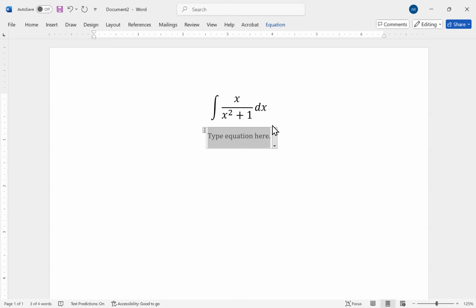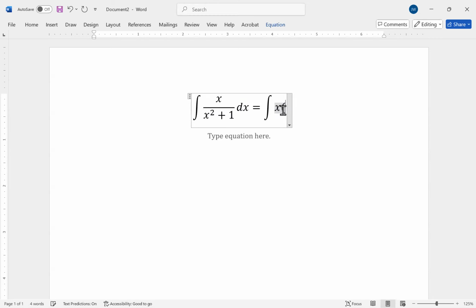If you want to try this on your own, you can. By the way, I said this is not like a polynomial to a power. It kind of is, though, because we could have rewritten this as the integration of x times x squared plus 1 raised to the -1 power with respect to x.